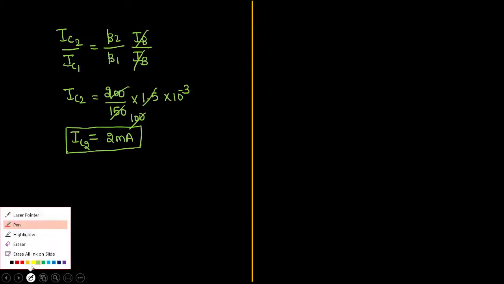So the question is, wait, there is one resistor. It is connected with the transistor. Next, here this is one more resistor like this.